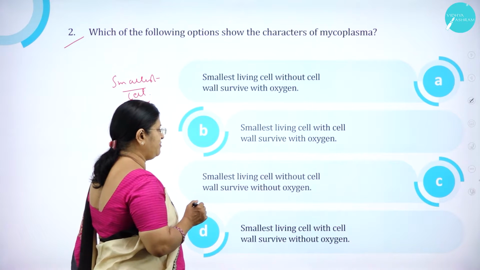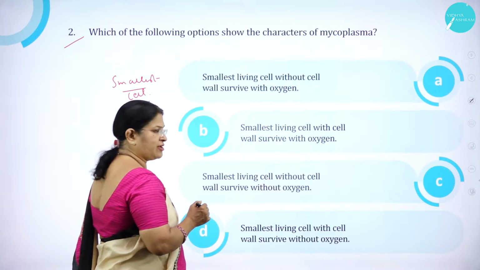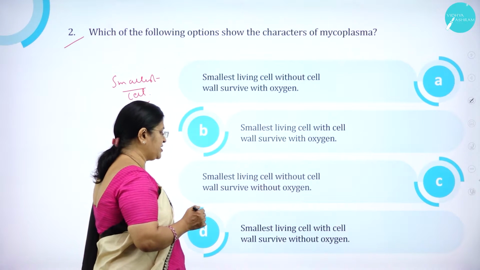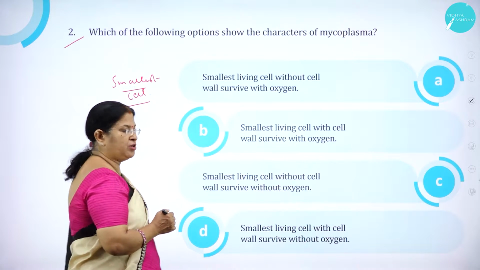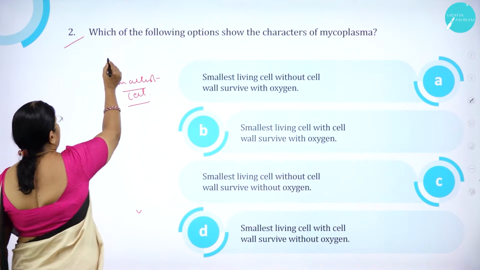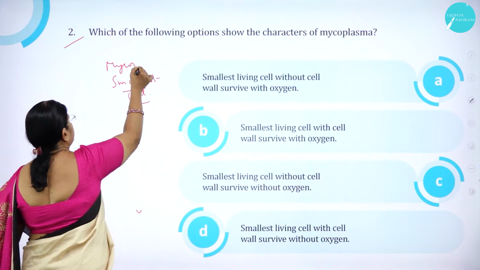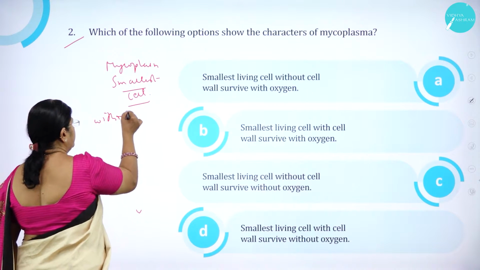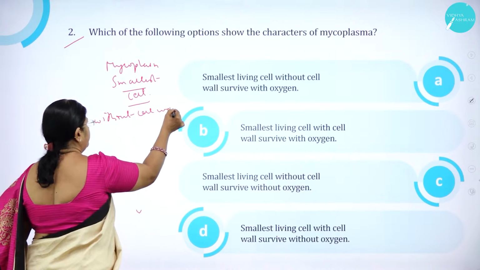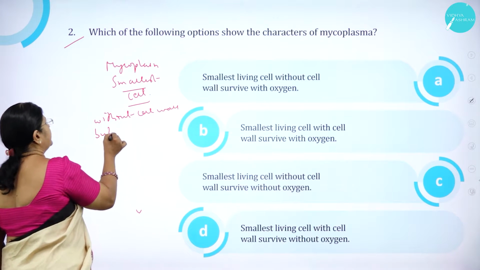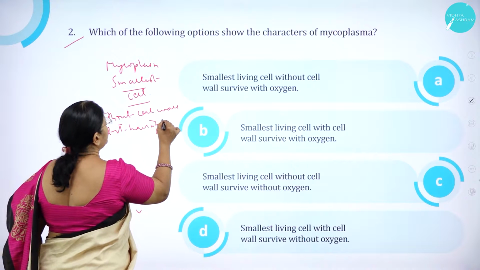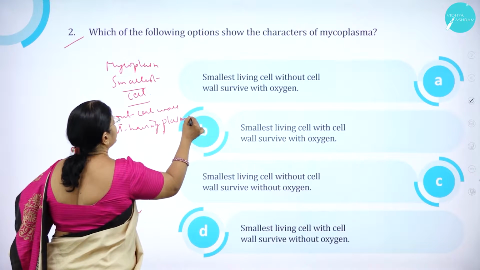C, smallest living cell without cell wall, survive without oxygen. D, smallest living cell with cell wall, survive without oxygen. So mycoplasma is the smallest cell without cell wall, but it is having plasma membrane.